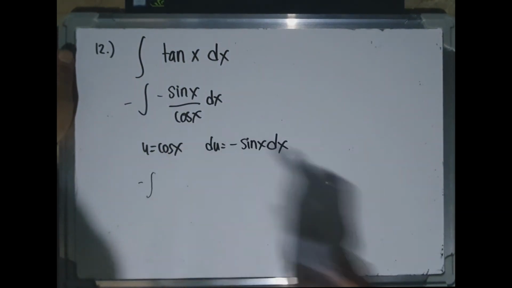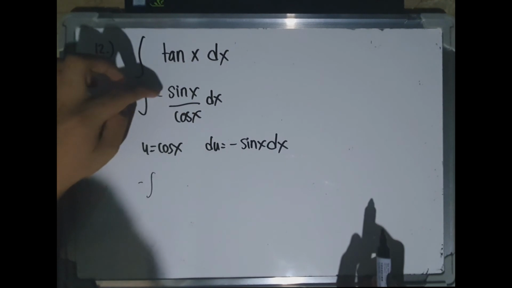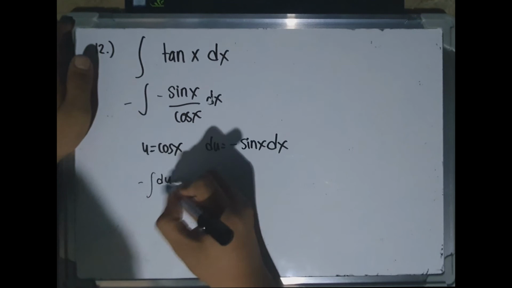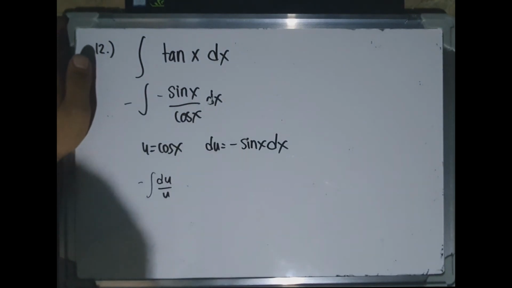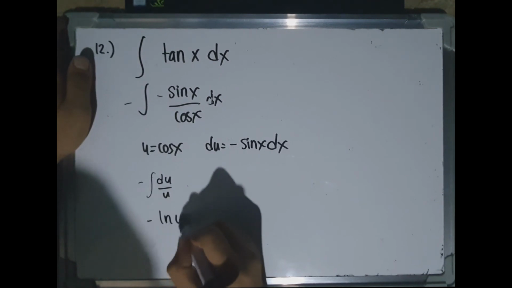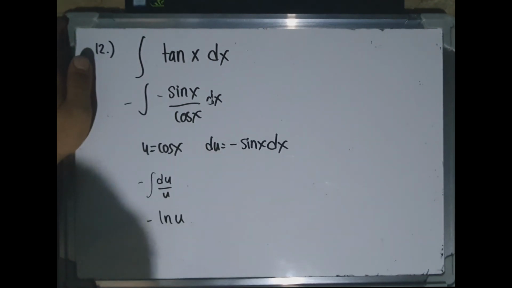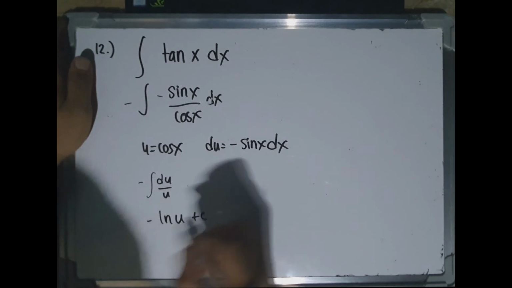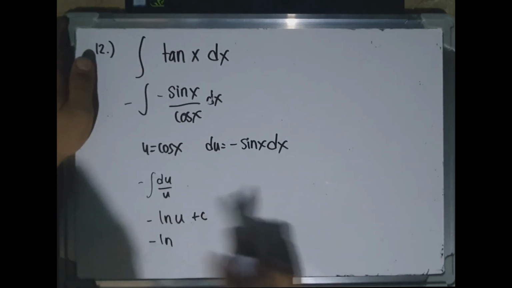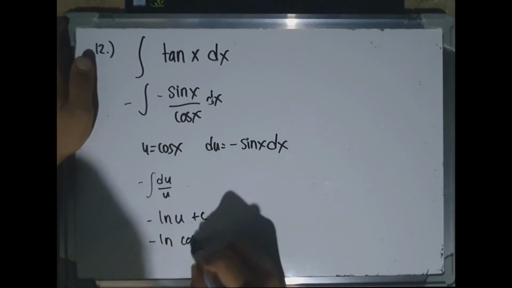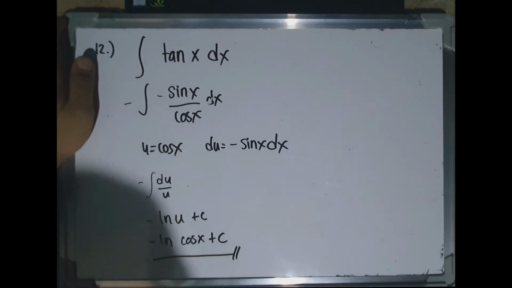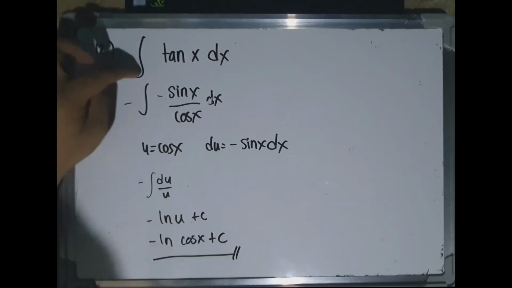Negative integral of, this is now the form of du over u. Integral of du over u, that is ln of u plus c. So that is equivalent to negative ln of the u, which is cosine x, plus c.